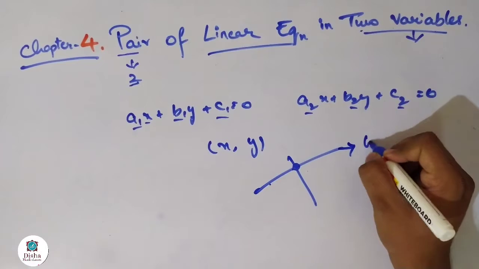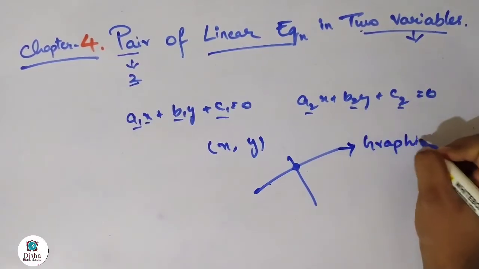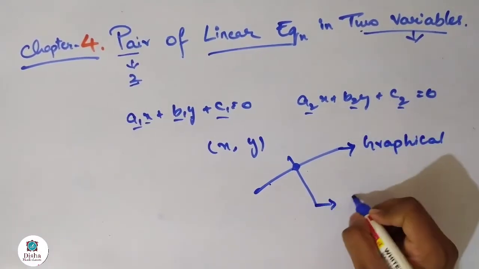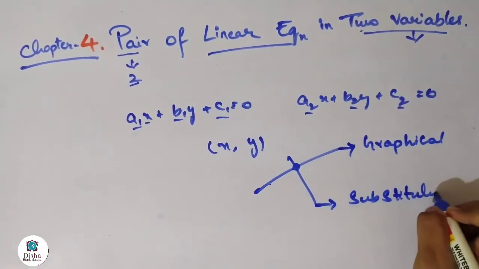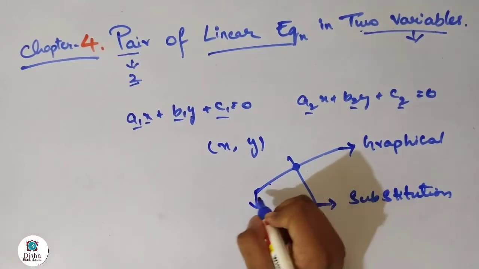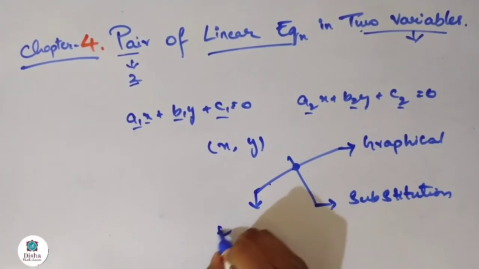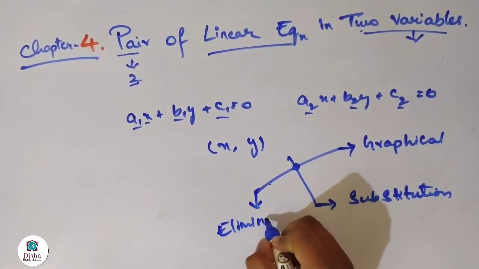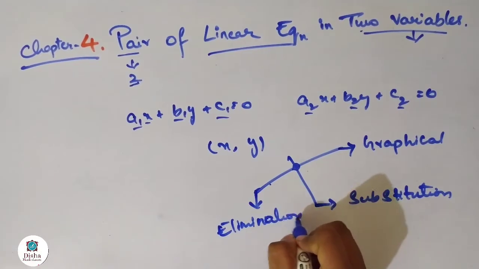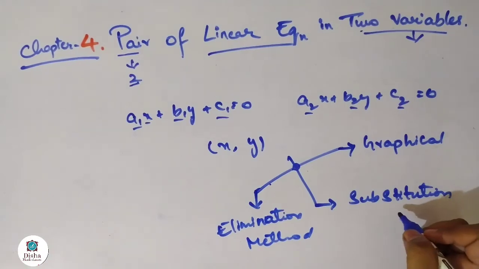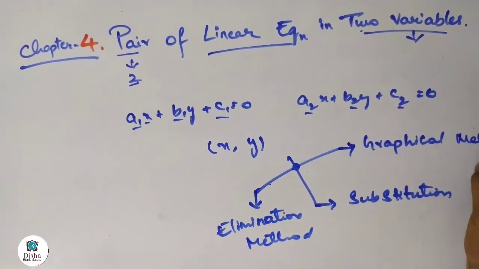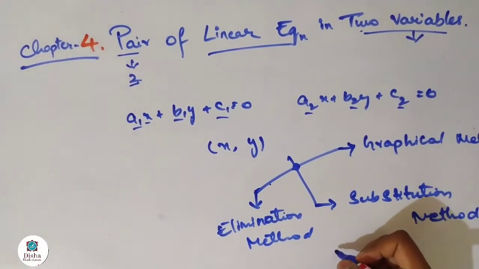First one is graphical method, so by graph. Second is substitution, and third one is elimination method. First one is graphical method, second one is substitution method, third one is elimination method.